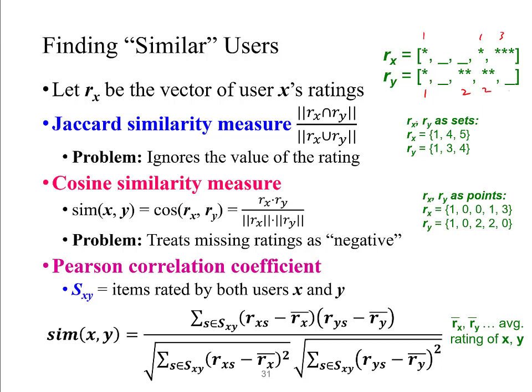So if we treat Rx and Ry as sets, we can only represent them like this. So obviously the problem is that we ignore the value of the rating. We only maintain the information about what items the user has rated.